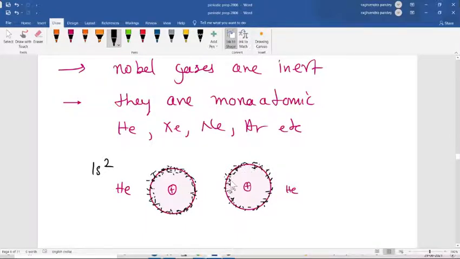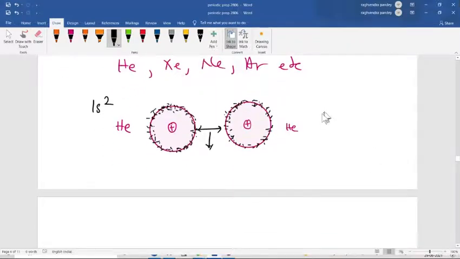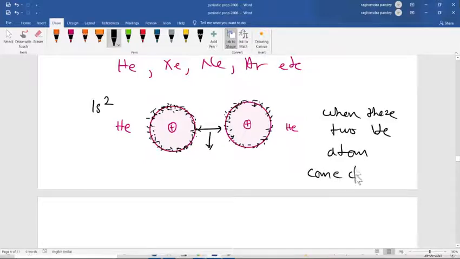when these two helium atoms come close to each other, what happens? They start to repel each other. Suppose they come to the distance d.